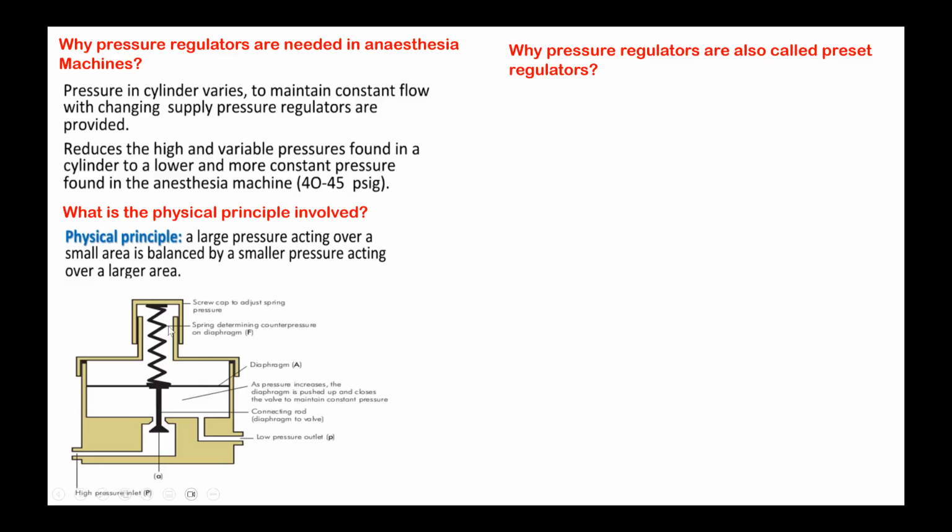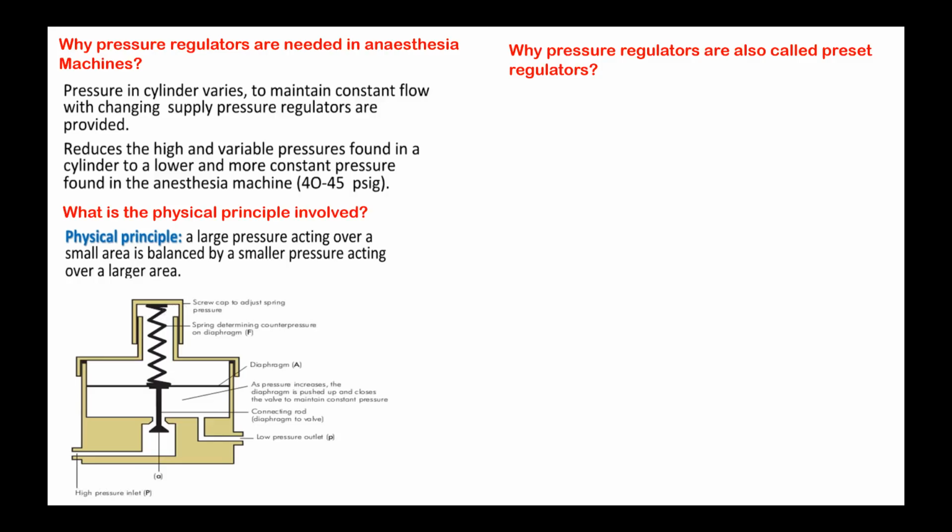Earlier machines had, as I told you, the screw that can be adjusted manually by rotating it. So we can decide what pressure we want. And there were models like Adams regulator, where every time the anesthetist will rotate this screw to adjust the pressure.